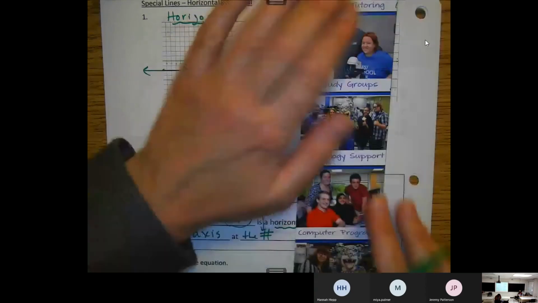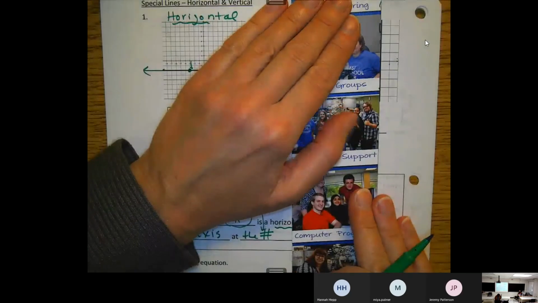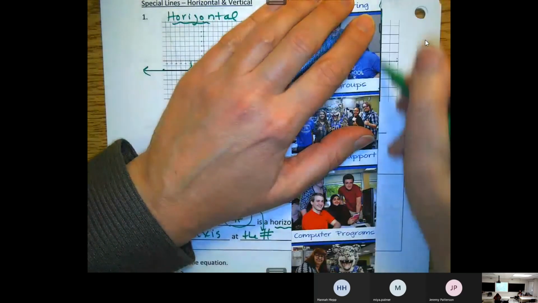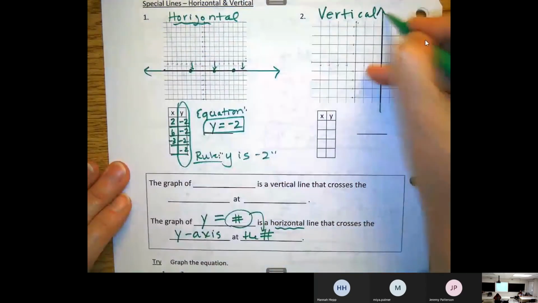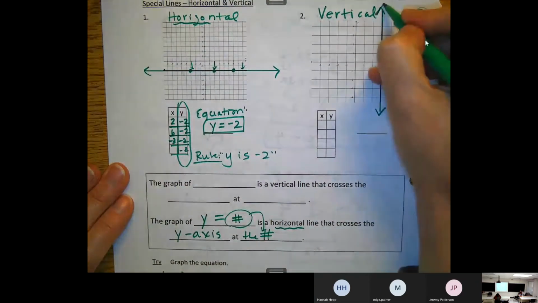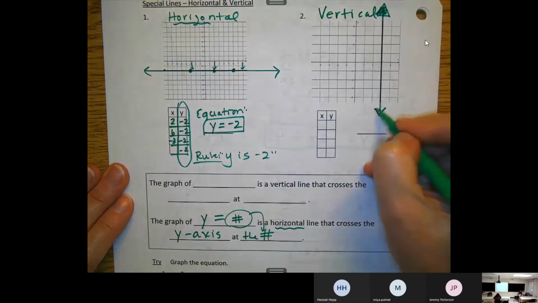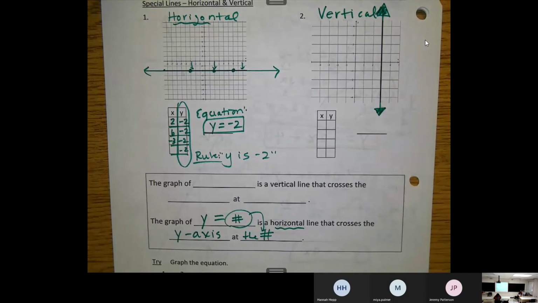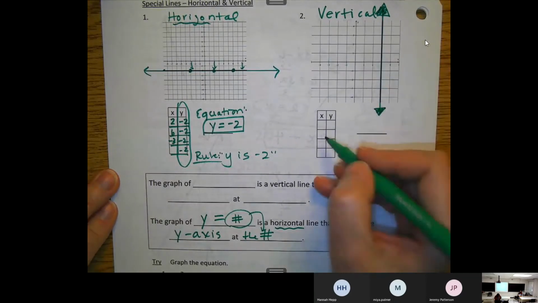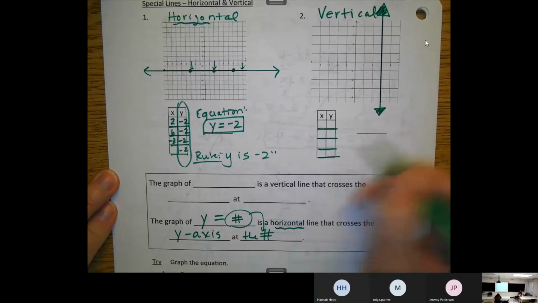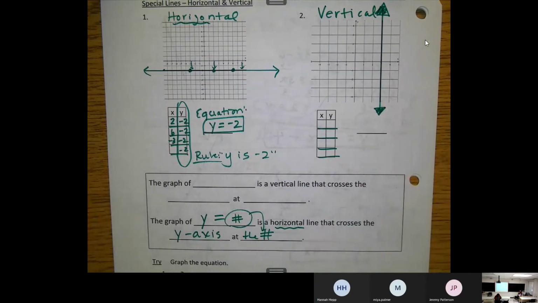So vertical, that's when the line goes straight up and down instead of straight across. Kind of like we see over here. Keeps on going up forever and down forever. How about some points on that line? Could you give me some ordered pairs for this vertical line?